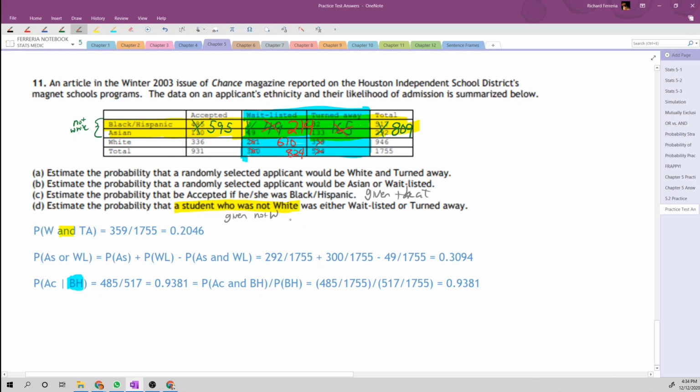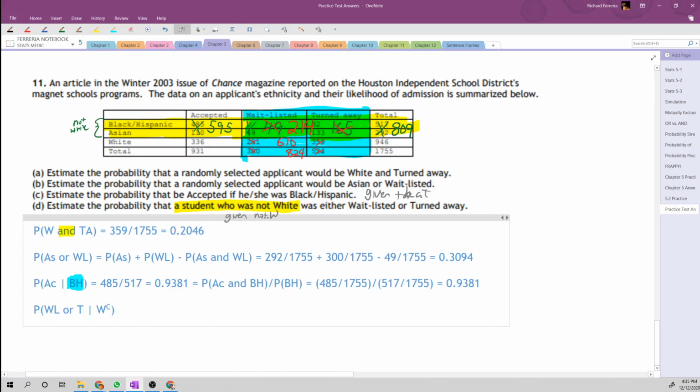Okay, so let's write this down symbolically. What is the probability that a student who is not white was waitlisted or turned away? So what's the probability that a student was waitlisted or turned away, given that they were not white, that is, white complement?